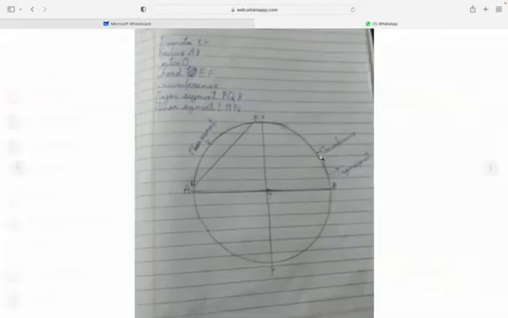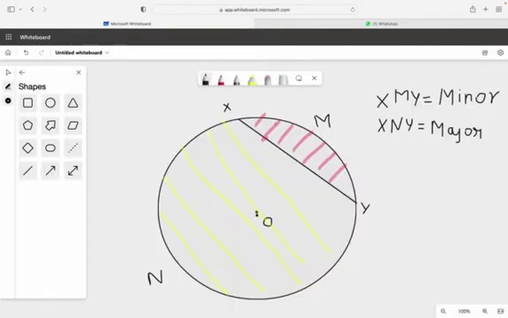Now let's look at what you have done here. Radius. What is the radius? One which connects the center point to one end of the chord. It's come out really bad. One second.